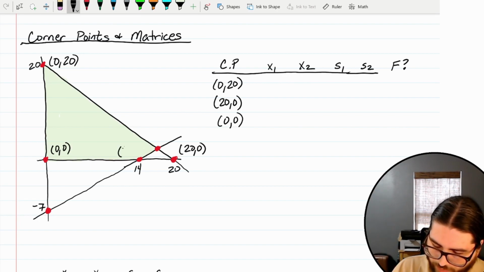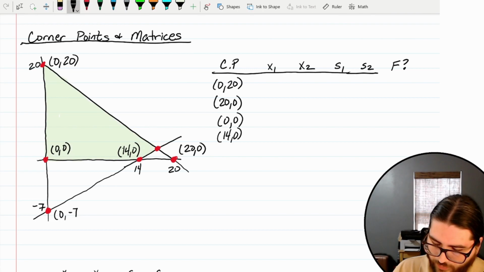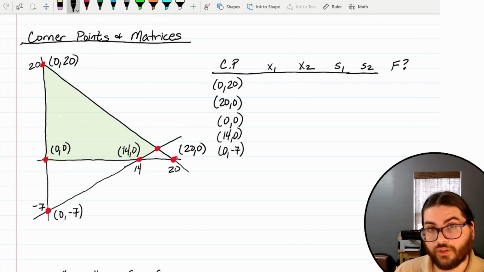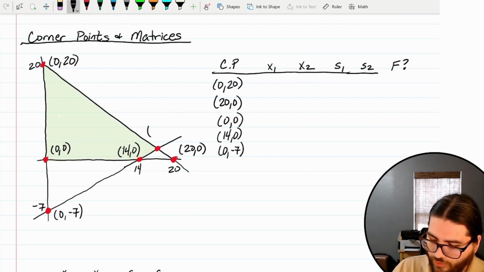This point was 14, 0. This point is 0, -7. It'll still be there. And this point, I believe, is 18, 2.